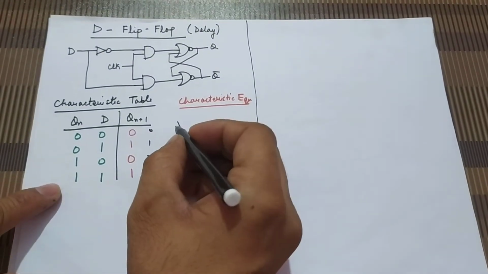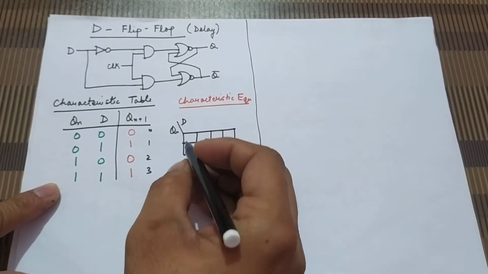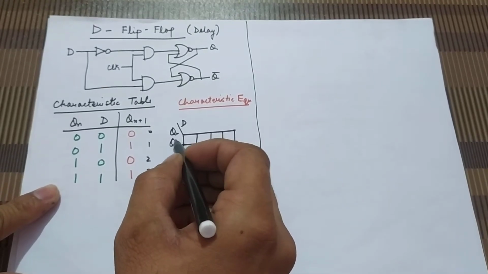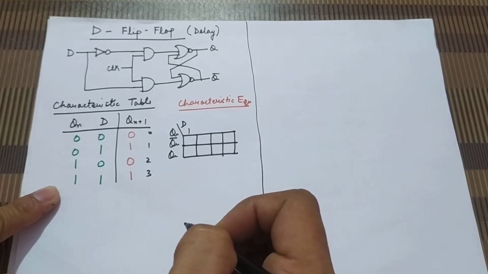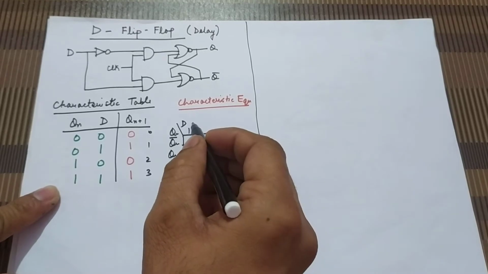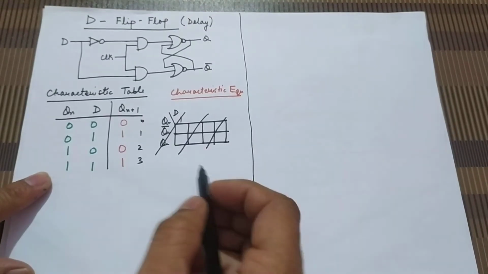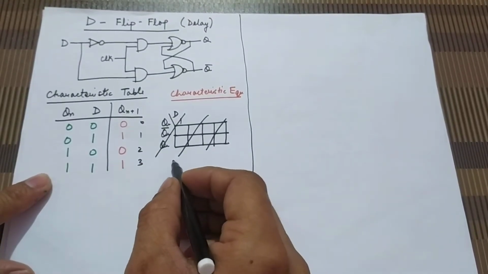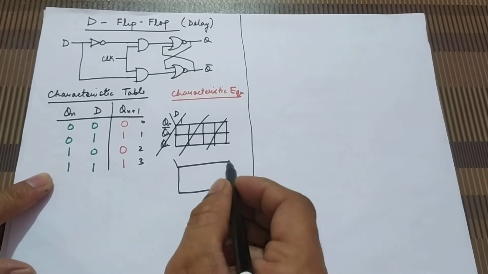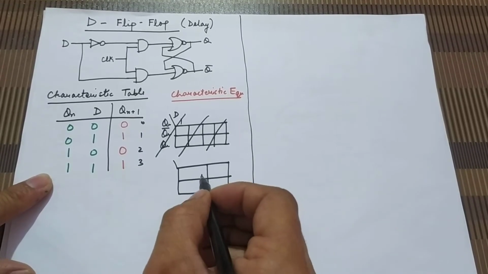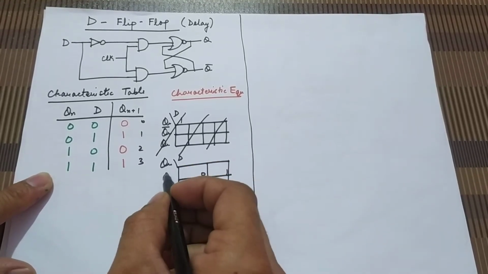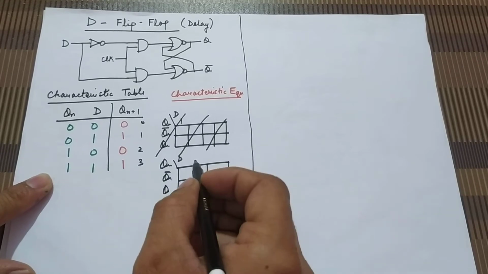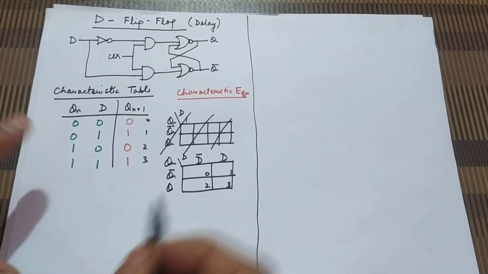Okay, so this is Qn, this is D, Qn bar, Q, sorry, as we are having two inputs. So the K map is going to be of two variables, Qn D, that is Qn bar Q, D bar D.